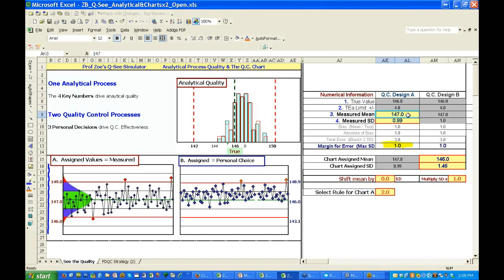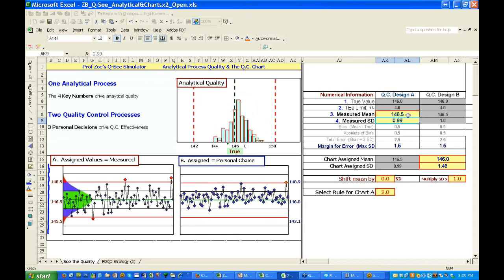Okay, I'm going to go back one more time and just do this simulation again. I'm going to make it a little bit simpler. So now we're at 146.5, which is about where we were, 0.99. I'm going to create a shift of 0.5 SDs, and that's going to take us up.